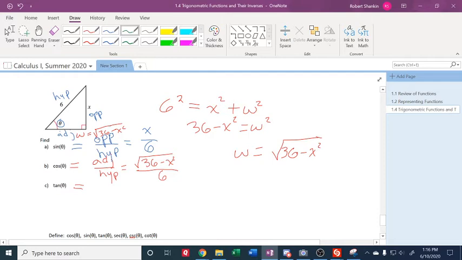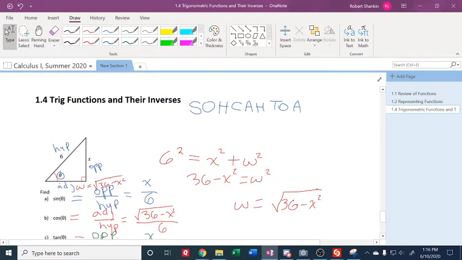So the tangent is the opposite. SOHCAHTOA, opposite over adjacent. So it's x over the square root of 36 minus x squared, like this.